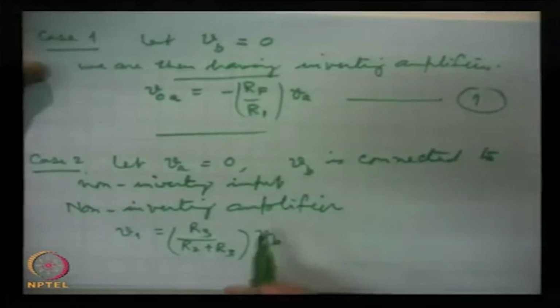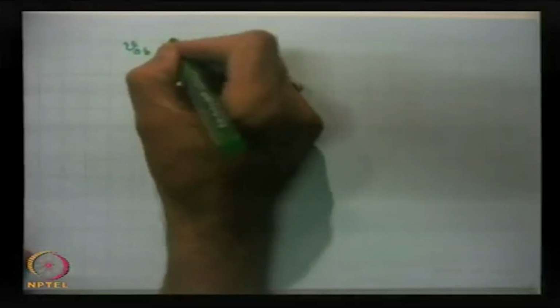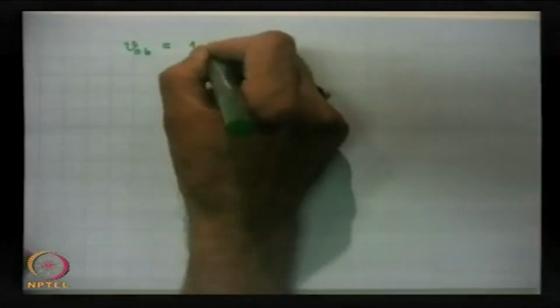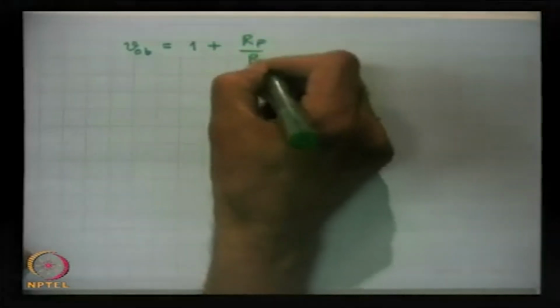because of this input signal, the output then will be VOB. This is equal to 1 plus RF by R1.